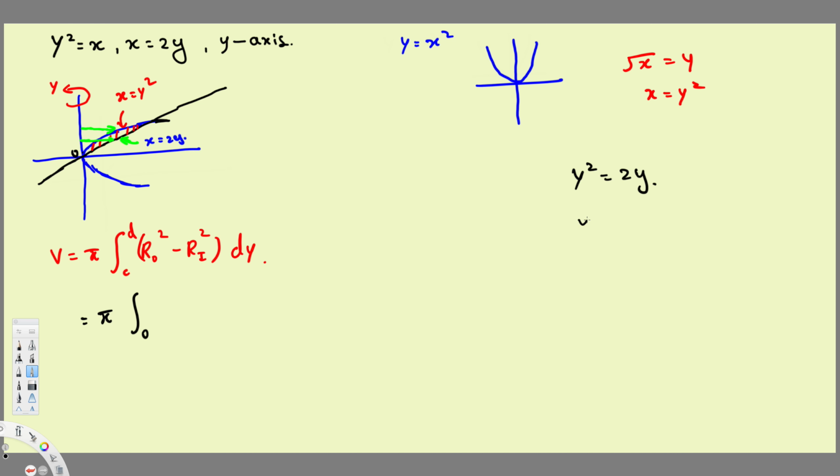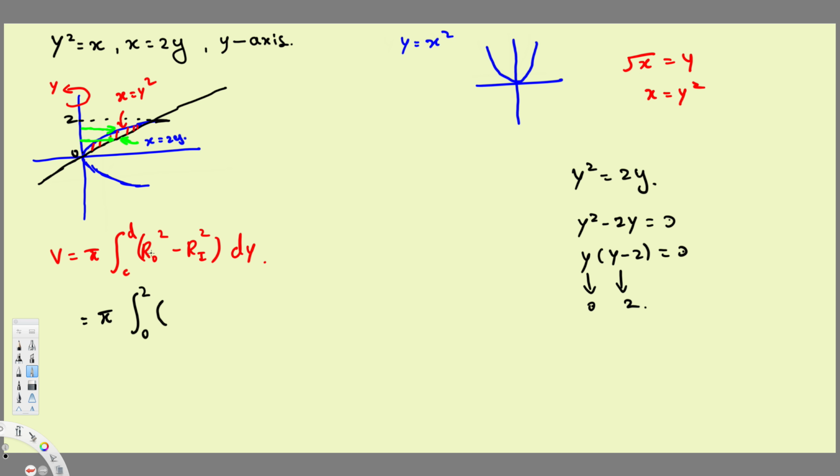If we rearrange this, y squared minus 2y equals 0. If I take y common, y times y minus 2 equals 0. Therefore y equals 0 and y equals 2. So it's going from 0 to 2, and these are the limits of integration.